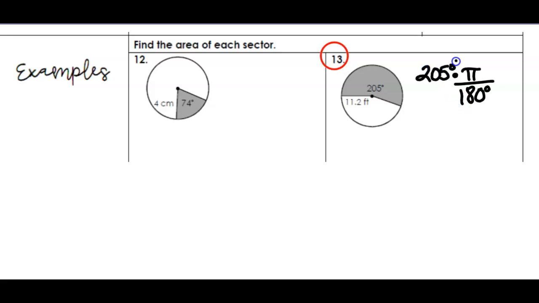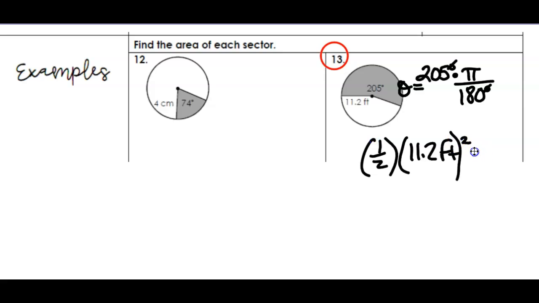I'm not even going to bother to mess with it because I want to use it in the formula anyway. So this is our theta now. So the formula is 1/2 r squared times theta, which is now in radians.